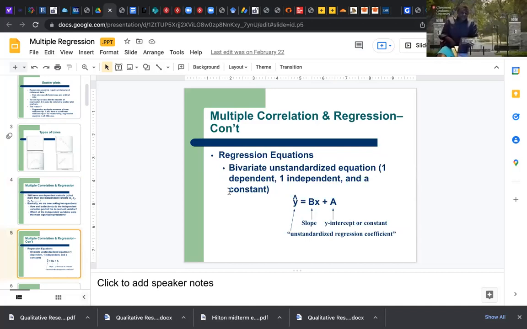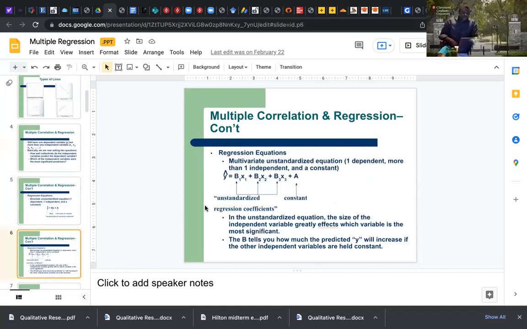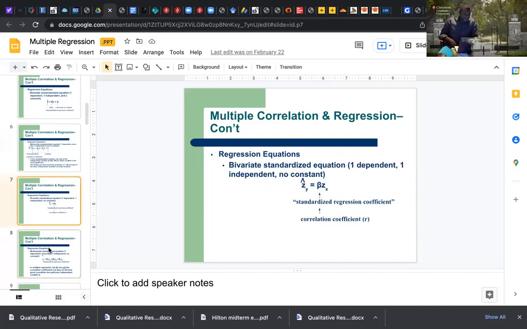Keep it in mind. Most of these things you do in actual software. In multivariate regression equations, usually they will ask you to use standardized coefficients.